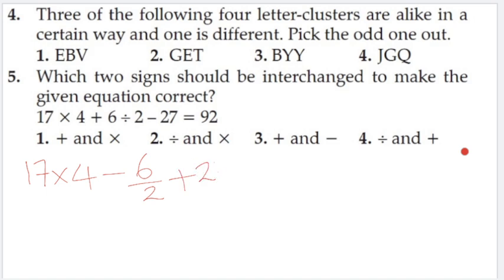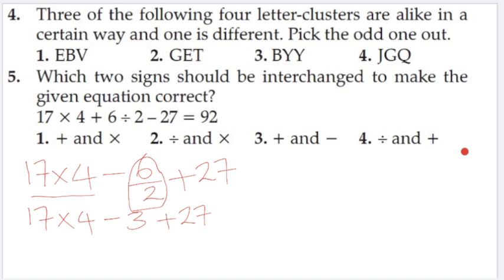So if we see 17 multiplied by 4 and 6 divided by 2, we have to do the 6 divided by 2 first. So that will be 17 multiplied by 4 minus 6 divided by 2 is 3. Minus 3 plus 27. So again 17 multiplied by 4 is 68.